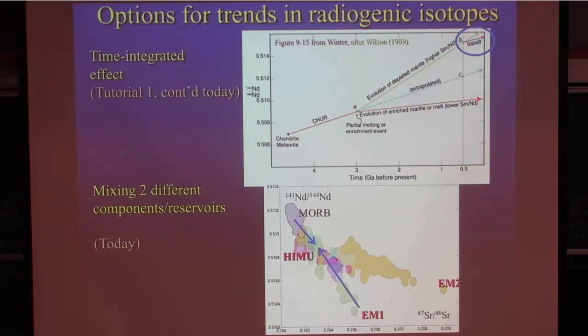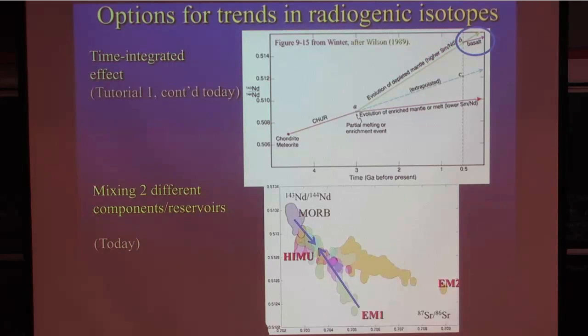In the end, all you're trying to do is come up with an explanation for here and here at time zero, at time now. How do I get crust over here and mantle over here? So you have to play with when in the past you split them apart, and how steep these two curves are, which depend completely on this fractionation here.